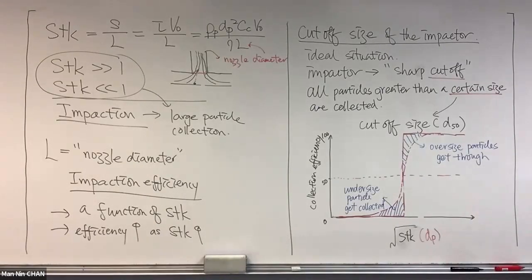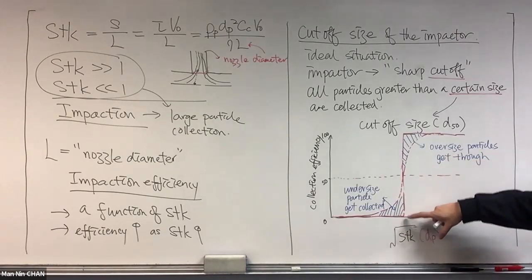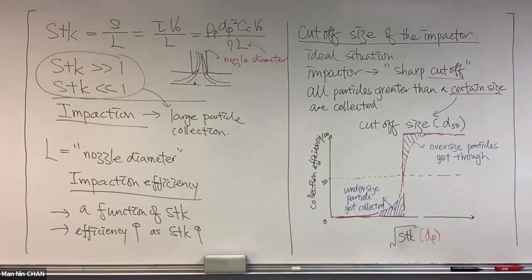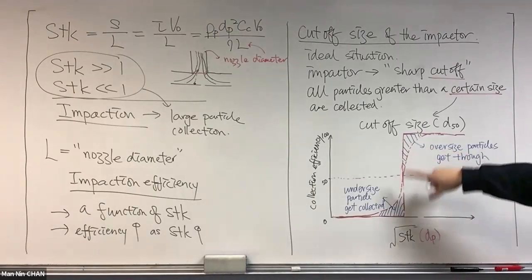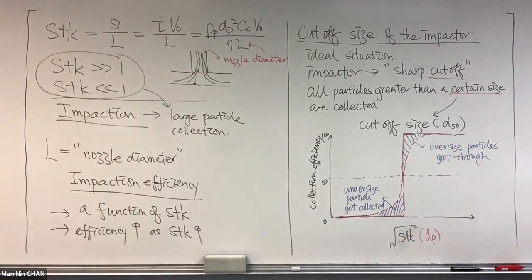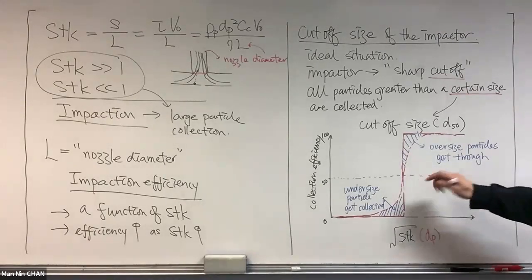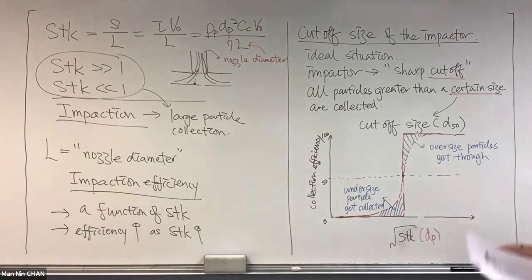This is more like the real situation. So you will not find a very sharp cutoff size, but you always see a curve like this. Therefore, usually people define the DP50. So you're looking at 50% collection efficiency.